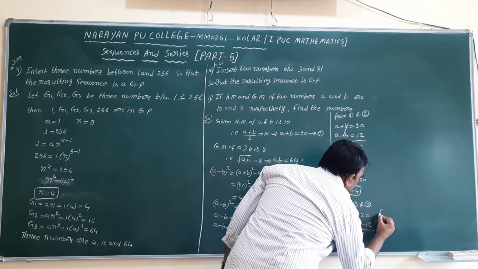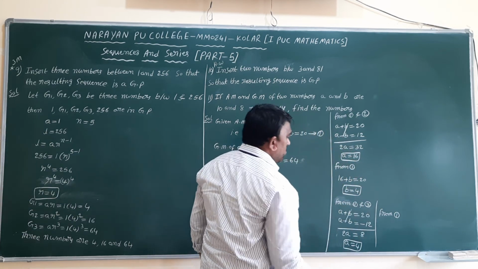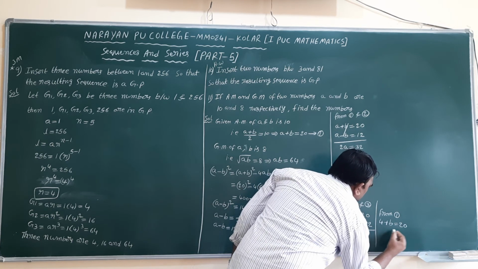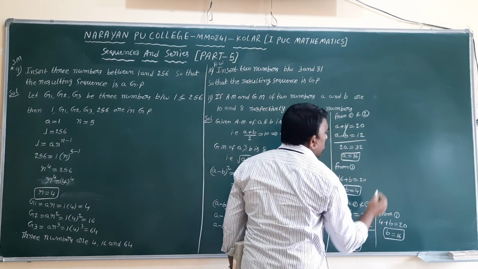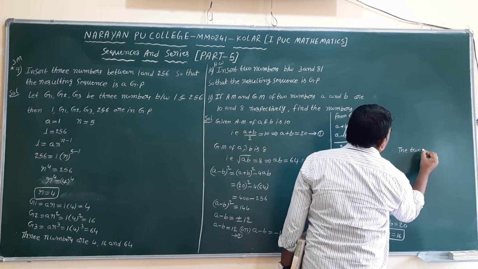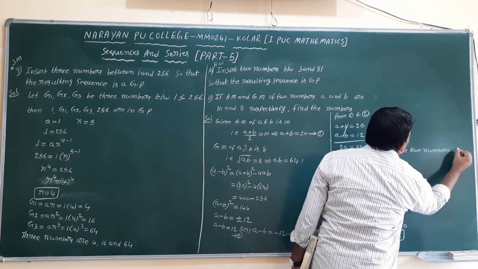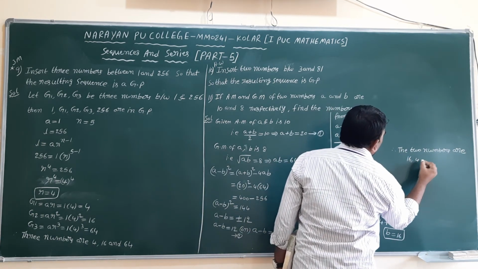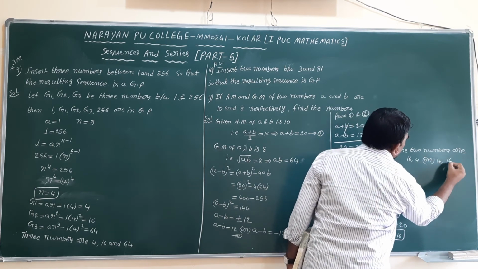So from 1, 4 plus B equal to 20, B equal to 16. Therefore the two numbers are 16 comma 4, or 4 comma 16.